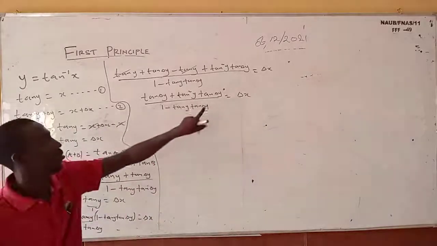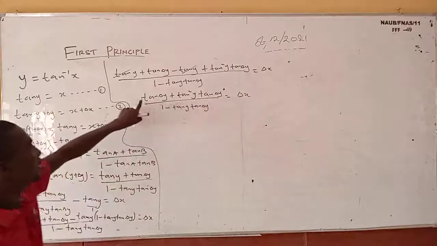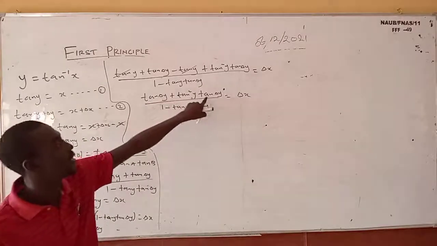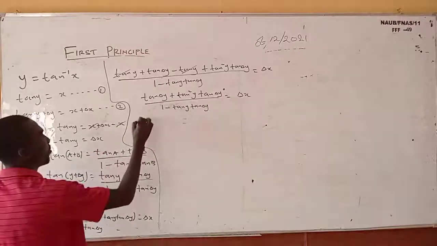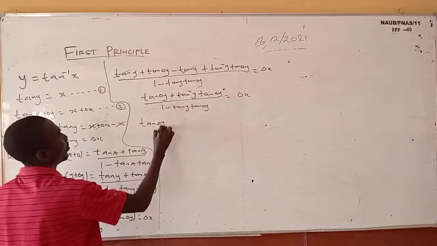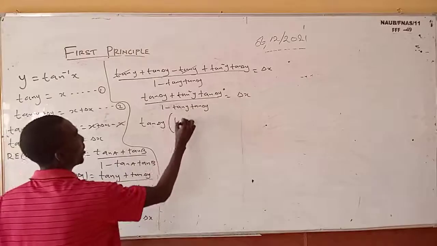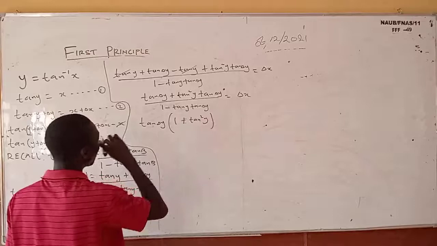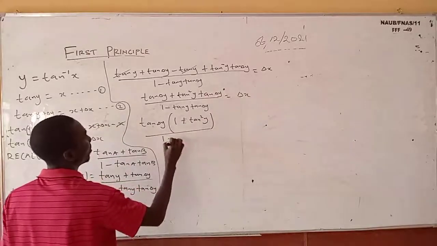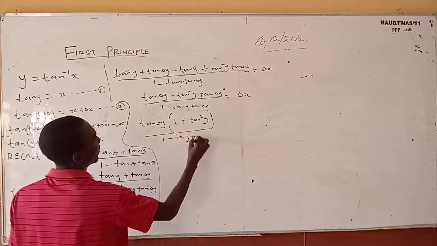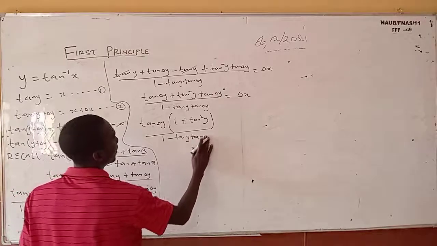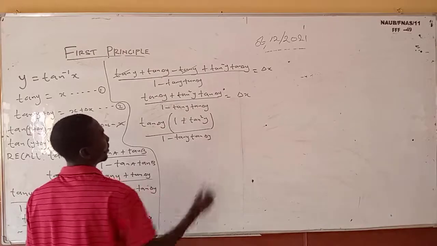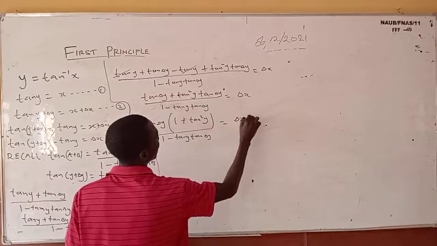If you look at this now, we can factor out tan change in y, which is here and also here. If I factor it out, tan change in y, I'll be left with 1 plus tan squared y, all over 1 minus tan y tan change in y, equals change in s.